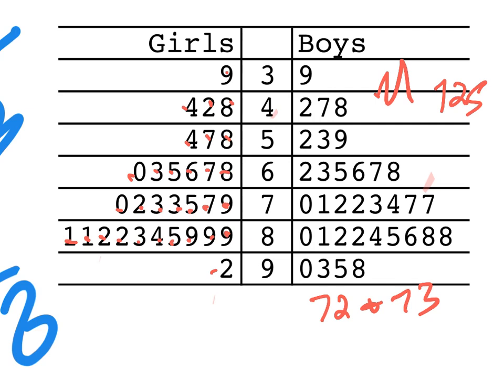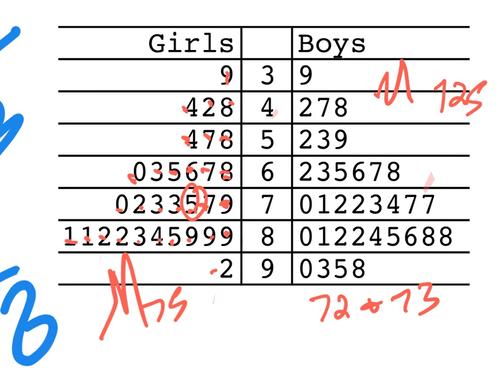That's the 16th number. 1, 2, 3, up to 16. The winner is 75. So the median is higher. So you could probably say who did better, boys or girls? Of course, as always, right? So that's a median, big M, median.